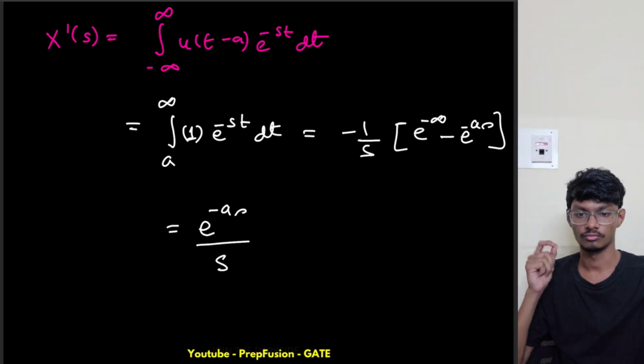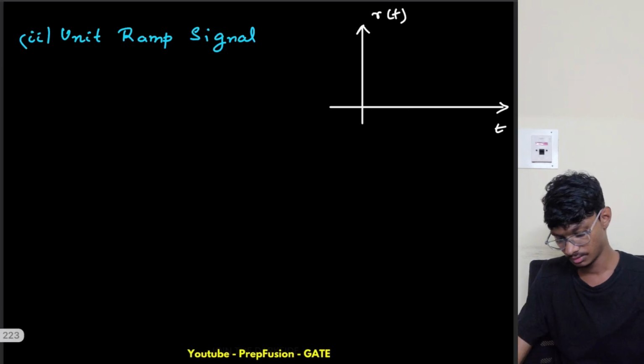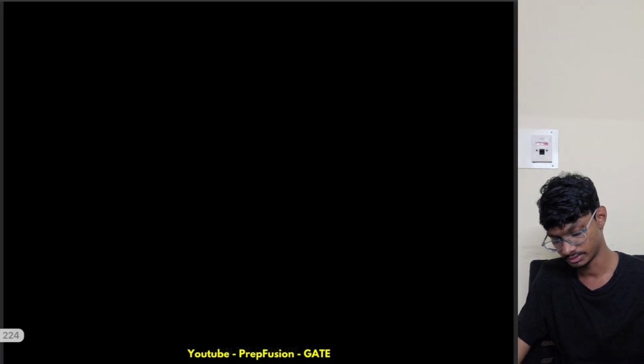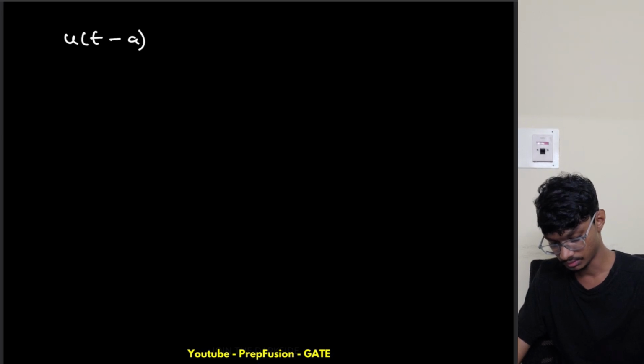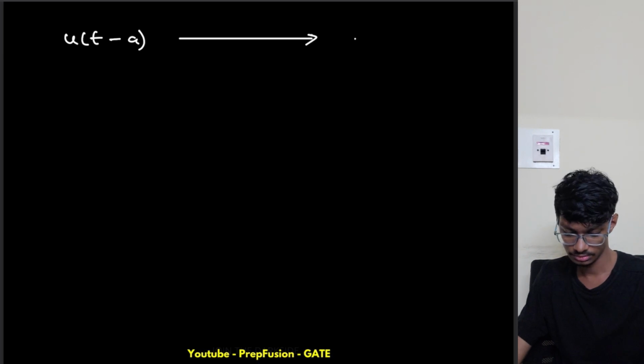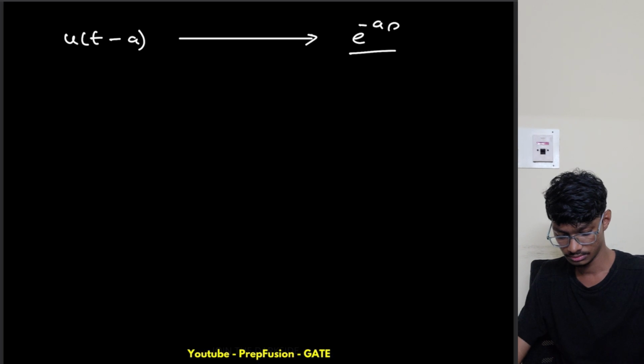So what do you observe? The Laplace transform of u of t minus a is e raised to power minus as by s.